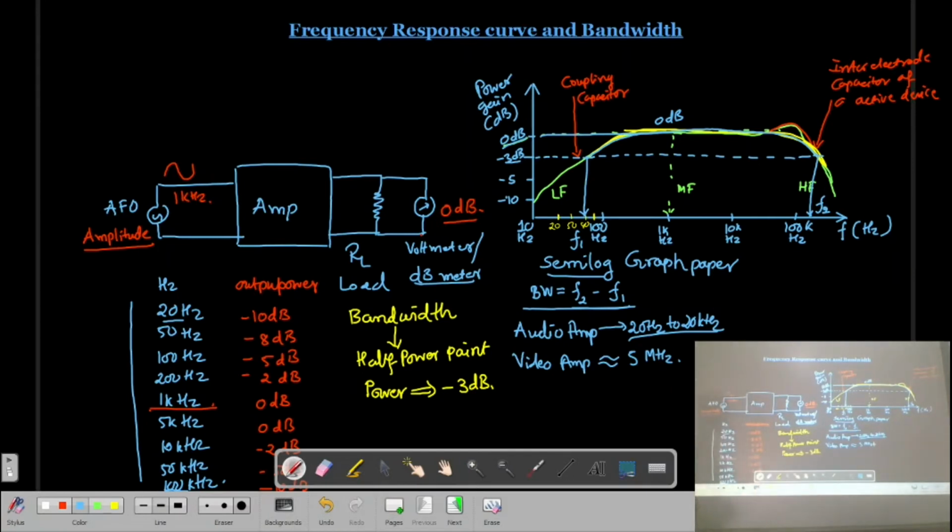Okay. Now we will see another important point for the testing of the amplifier. Testing of the amplifier means here you can see I have to apply different frequencies and from that I can find out what the bandwidth is and for which frequency the distortion is going to start.